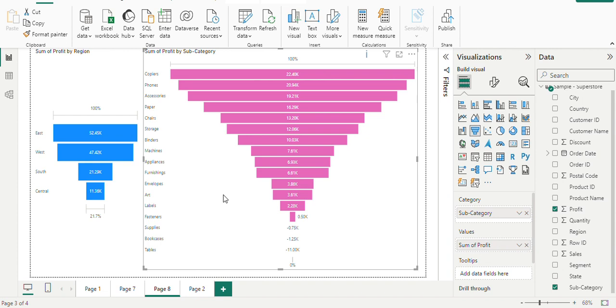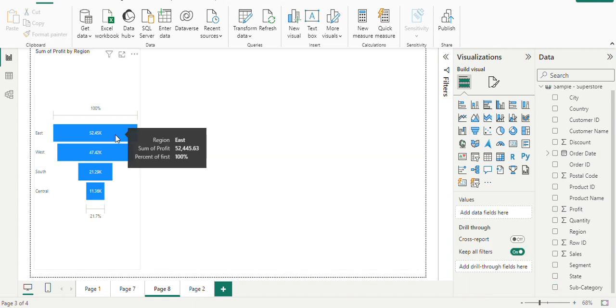Now let's move on to the next chart, which is scatter diagrams.